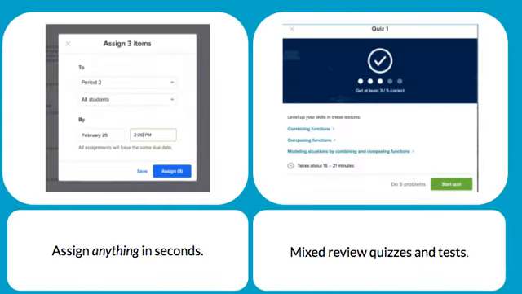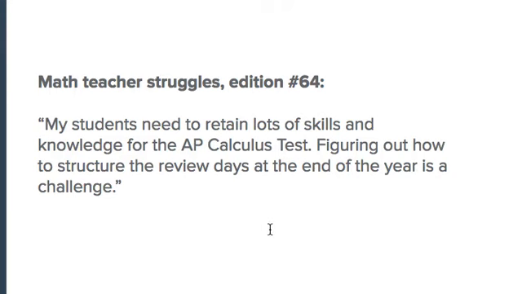Some of the struggles that Khan Academy can address: a teacher might say, my students need to retain a lot of skills and knowledge on the AP Calculus test, and figuring out how to structure the review days at the end of the year is a challenge. So this gives you a way to give students individualized focus on the topics that they need. If they've already mastered concepts, they don't need to revisit them. So they're just looking at the concepts that they still need to master.